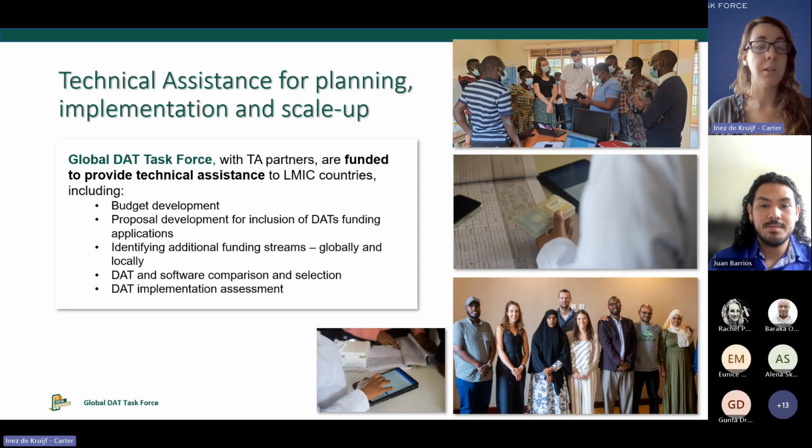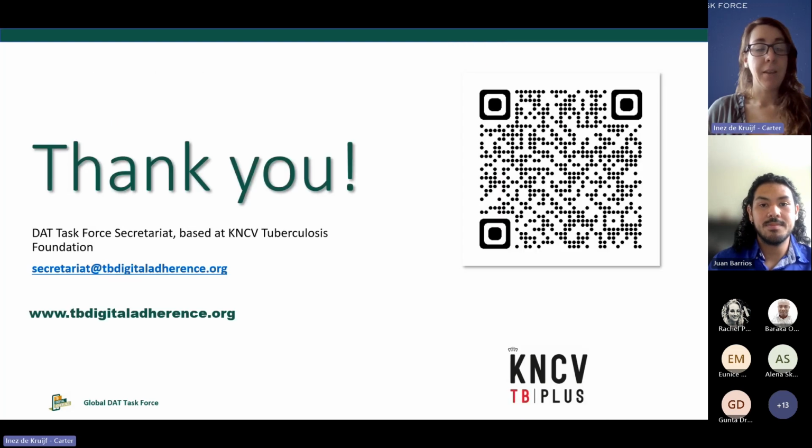And then we can also support in assessment of the country system and then how that might line up to DATs, but also assessment of digital adherence technologies if they're already being implemented.